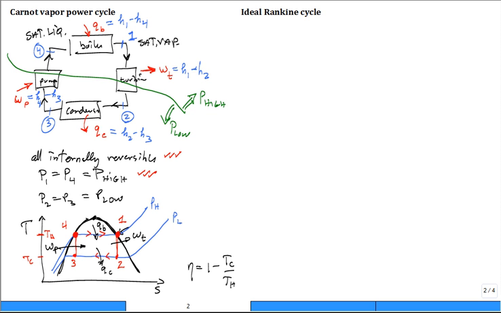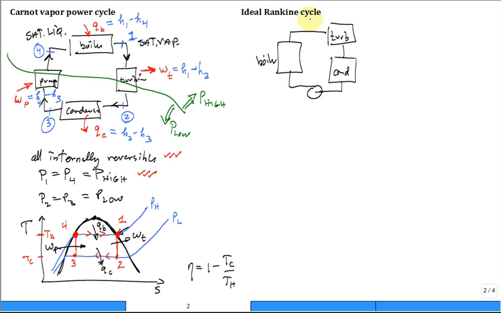A lot of times we'll change it around a little bit. Maybe I'll put the boiler here. Okay? Go out of the boiler, you go to a turbine. From the turbine, you go to a condenser. From the condenser, you go to something that actually looks like a pump. Okay?